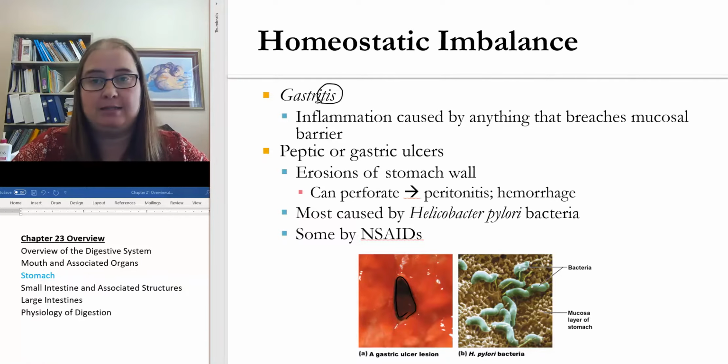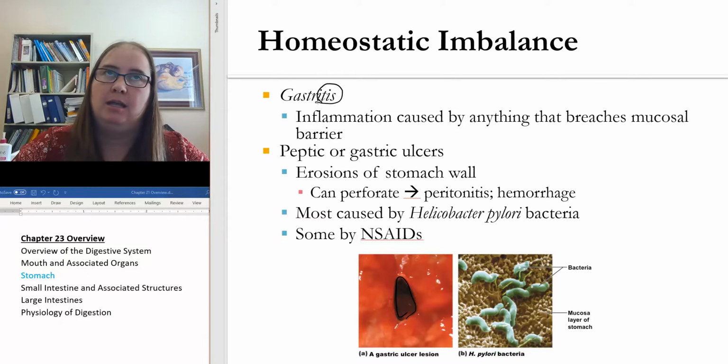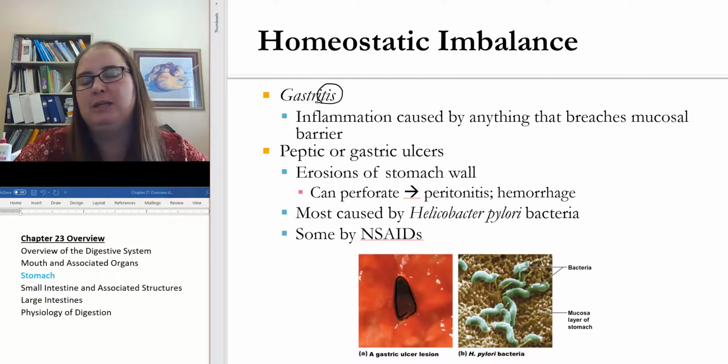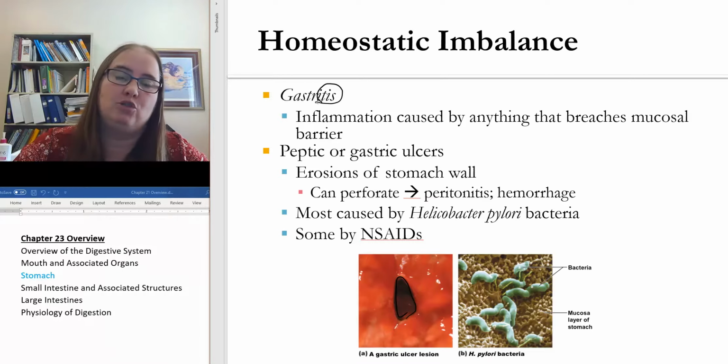Now, with that said, I think there is some evidence that shows that people who are overly stressed can have more abundance of H. pylori. So this notion that stress causes ulcers has a little bit of footing to it, but it's actually the H. pylori itself that causes the majority of the ulcers.